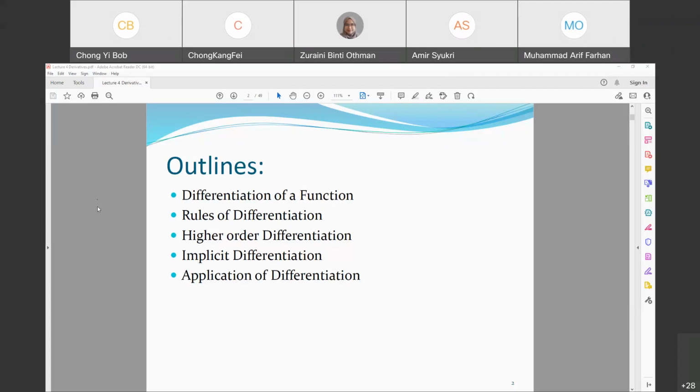Okay, for example, remember previously, graph is one of the representations of the function, right? Then what is differentiation of a function? It means that, contohnya, kita ambil rate of masa.